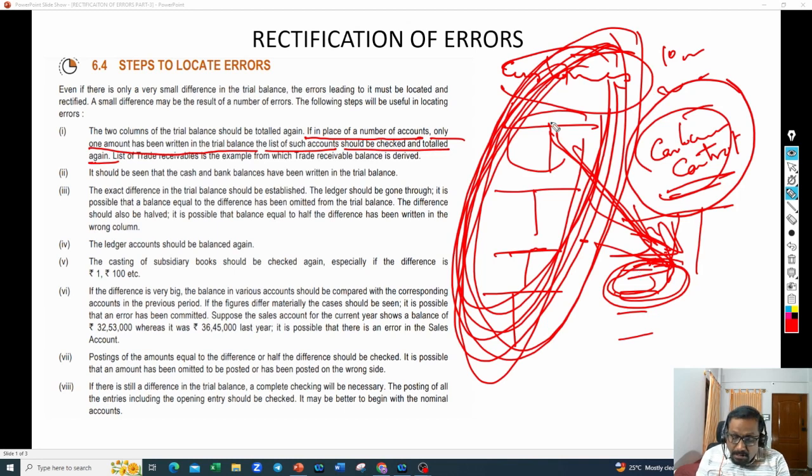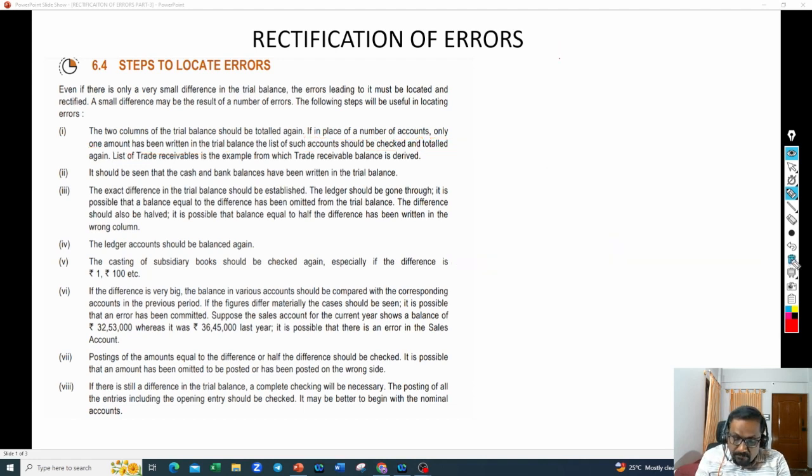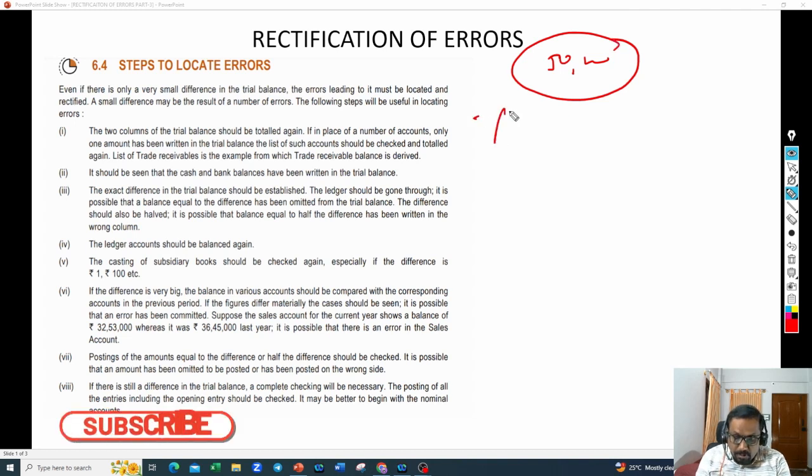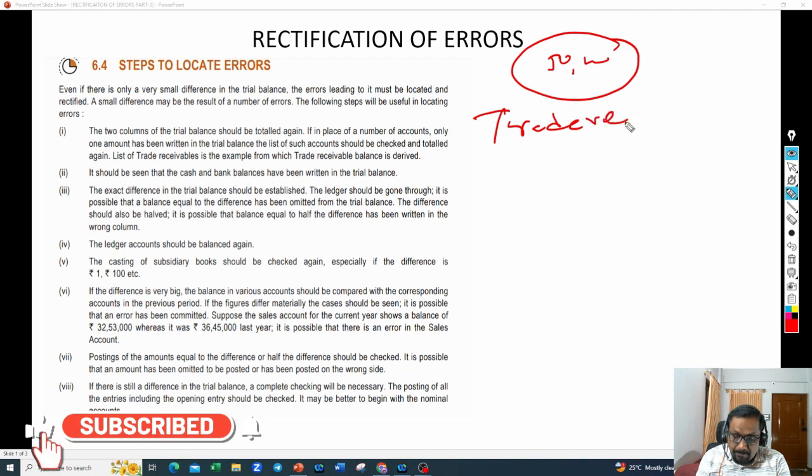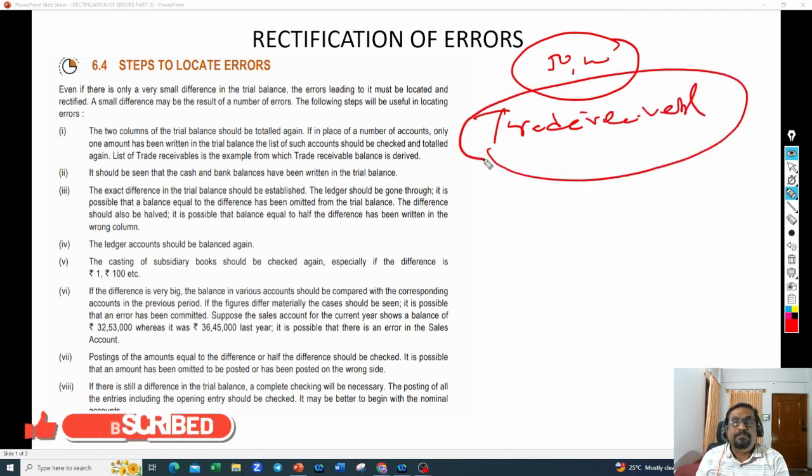That means all these balances flow into this trade receivable account and it will show the net balance of all customer accounts. If you have 50,000 customers, all 50,000 customer account balances will flow into the trade receivable account and you can see the balance here in this account.